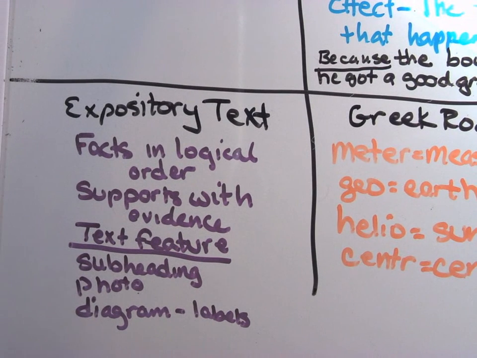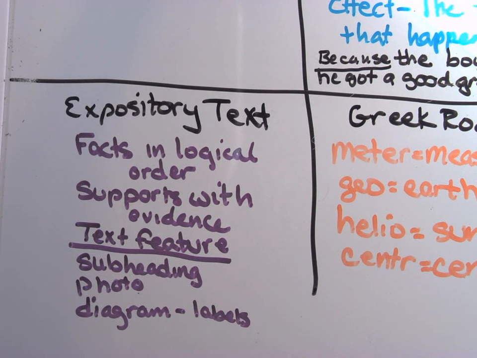All right, expository text. Expository text, we have something that gives facts in logical orders, supports with evidence, and there are different text features here. So first, facts in logical order. Okay, when it's an expository text, it's truth, it's factual, and those facts are going to be found in a good order.